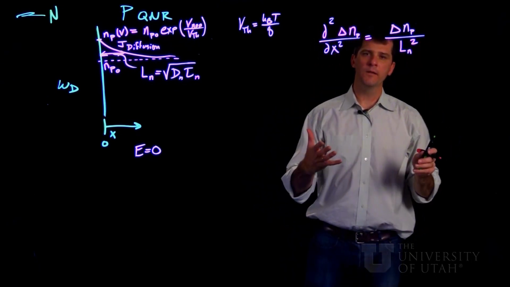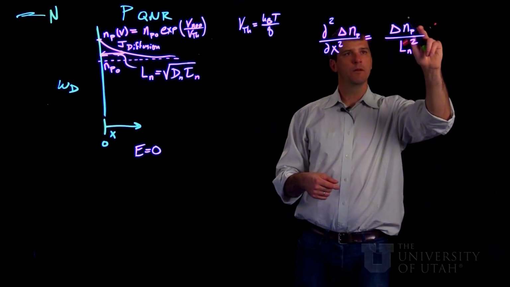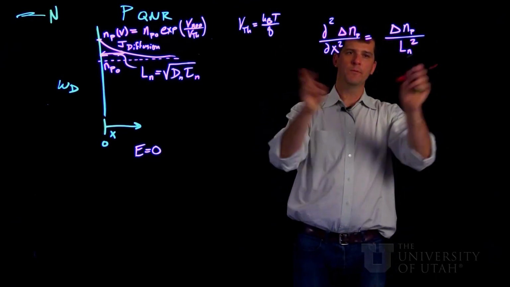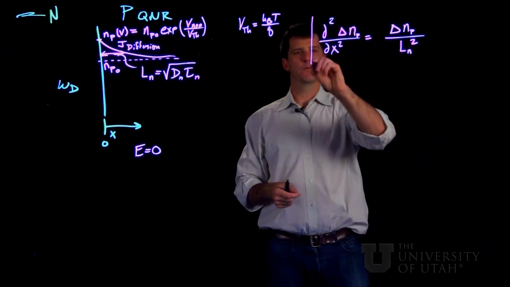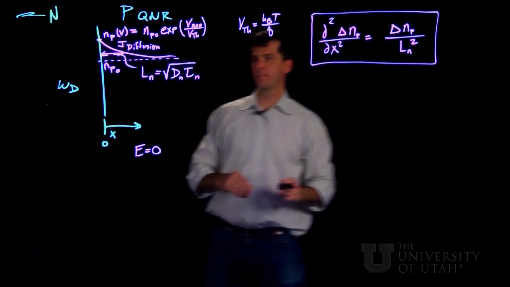And that comes from balancing recombination, which would be delta n over tau, with diffusion, and then manipulating and doing some algebra. So this is a nice compact form of the equation that we can use.